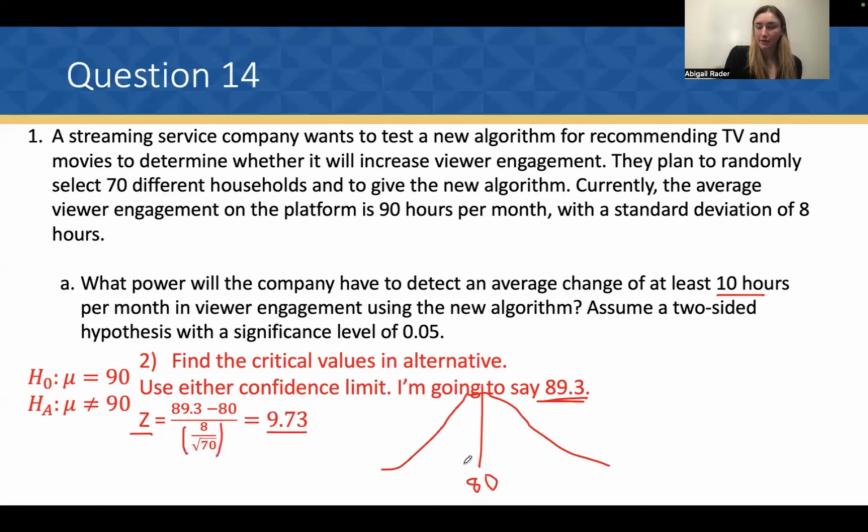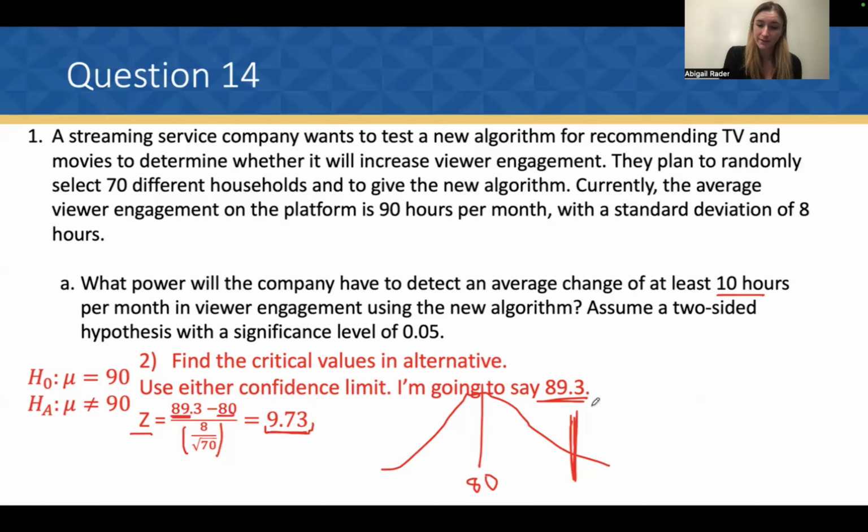Where does this critical value fall on this graph? If this is 80, this 89.3 is going to fall pretty far up here. So we take the difference between that 89.3, that critical value, minus the mean of the alternative distribution, divide by our standard error to get a z, and we get 9.73.